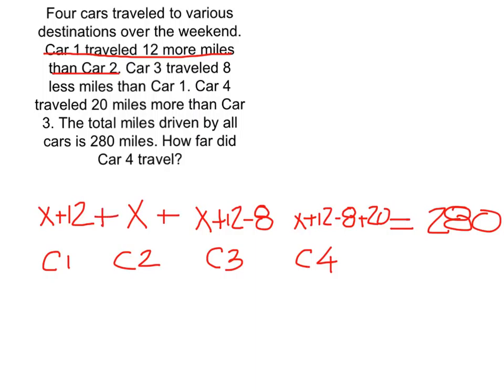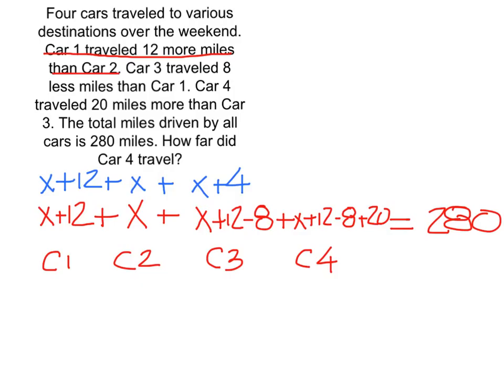We have to put in our plus signs for everything in there. Of course, X plus 12 can't be simplified, and neither can the X for car 2. But we have X plus 12 minus 8. If you combine the X plus 12 minus 8, you end up with X plus 4.